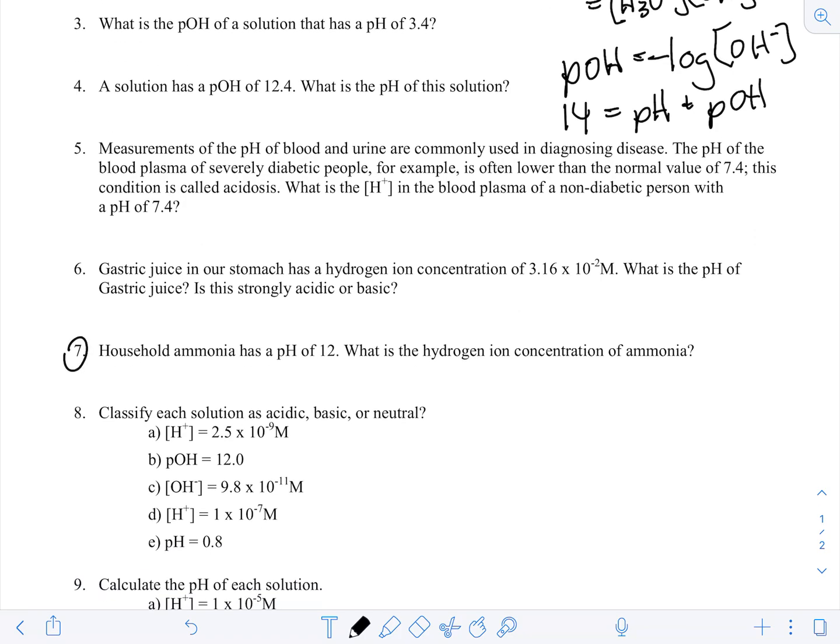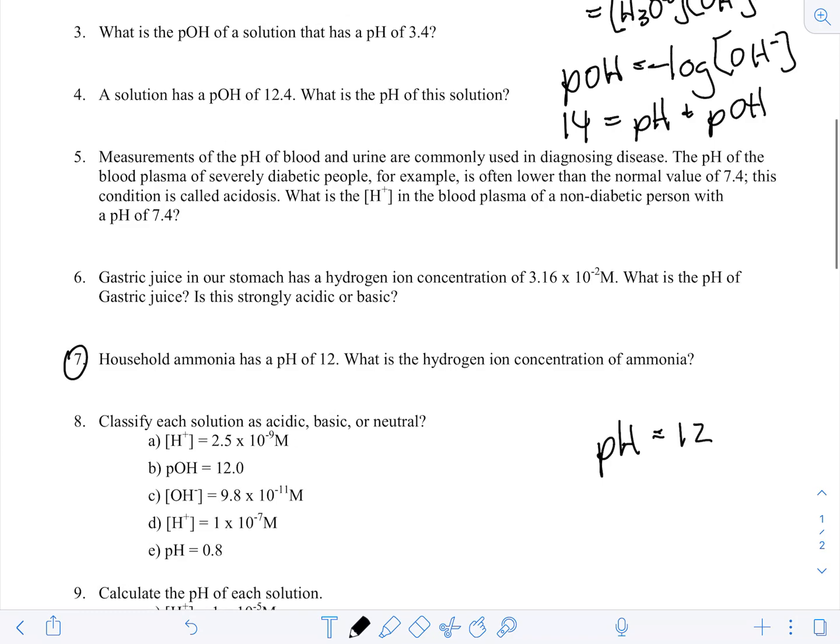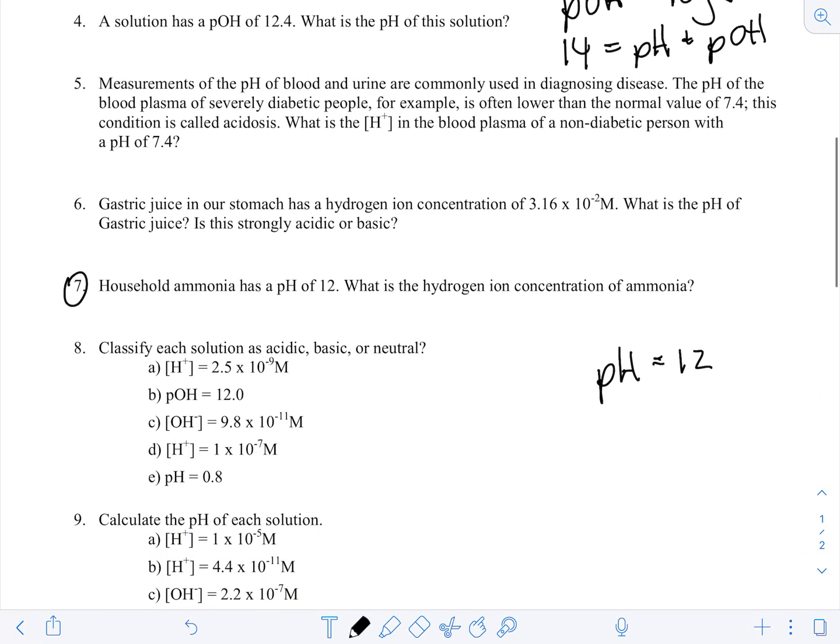Now, the reverse happens with number 7, so they have a pH of 12. So if they tell you what the pH is, and we want to figure out the hydronium ion concentration, okay, hydronium ion concentration is equal to 10 to the minus pH, and this is an exponent.